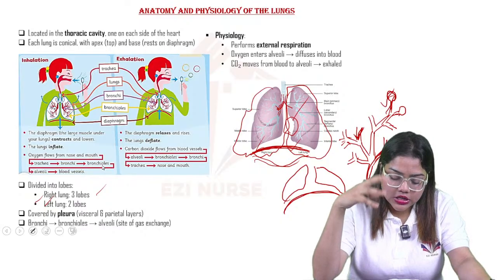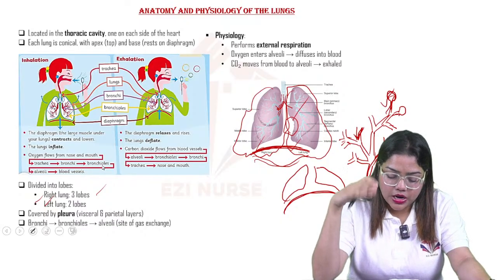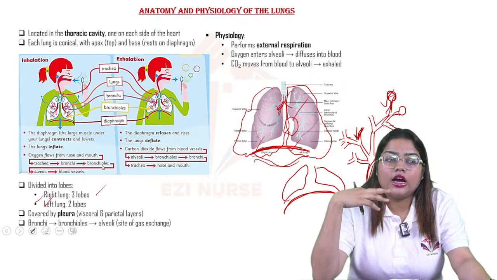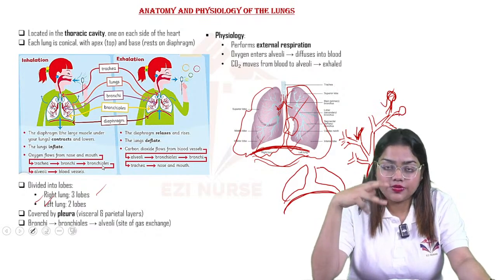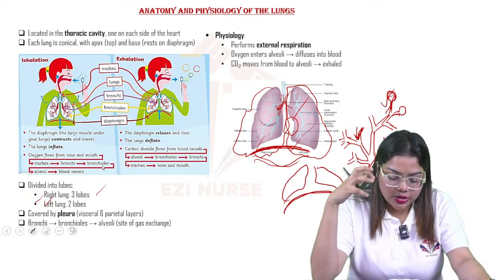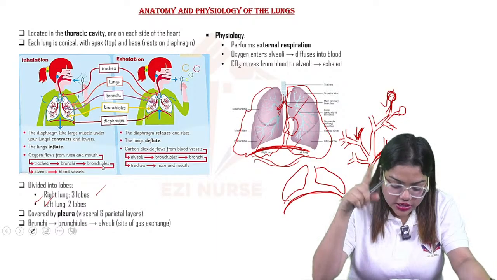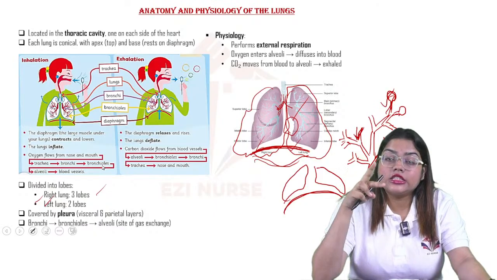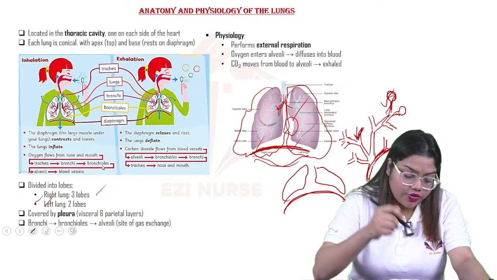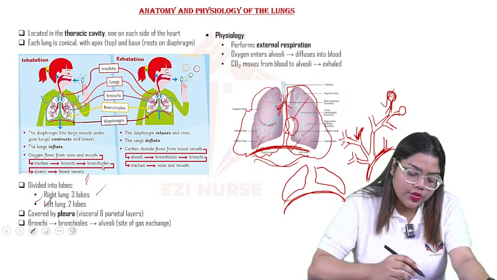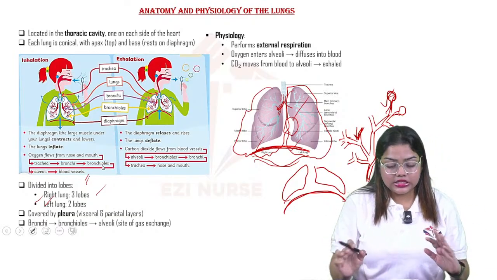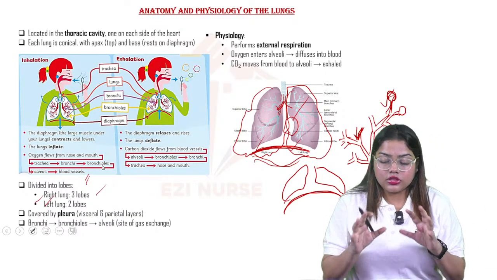The carbon dioxide which flows from the blood vessels, collected from the heart and all that blood, is collected by the alveoli in exchange for the oxygen. As we have seen, the gas exchange happens at the alveoli. So this is the main thing.